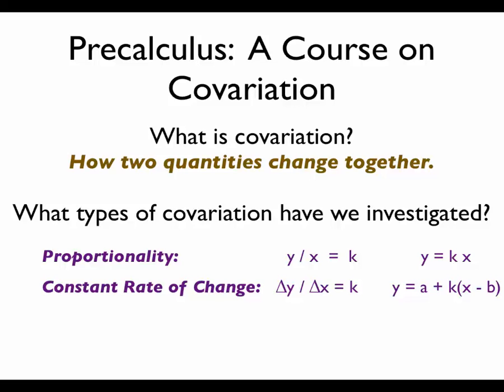That the value of one quantity is always a plus k times x minus b, where x is the corresponding value of the other quantity. That was our point-slope linear form. So the ratio of changes is constant, and we can write one quantity in terms of the other in the point-slope form. Okay, what's another type of covariation we've investigated?